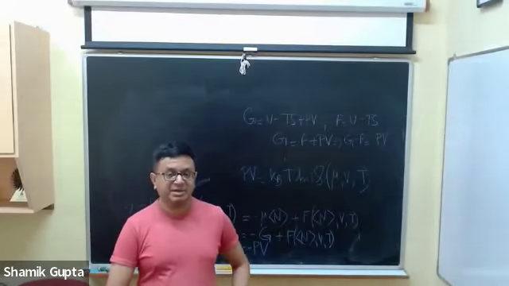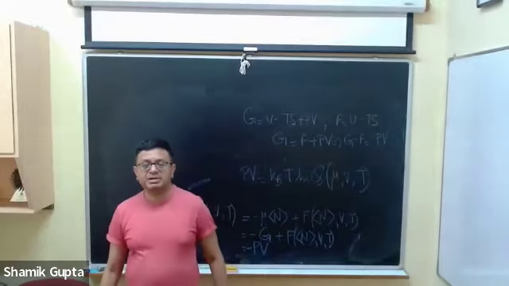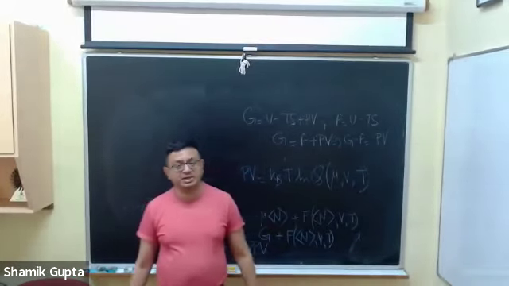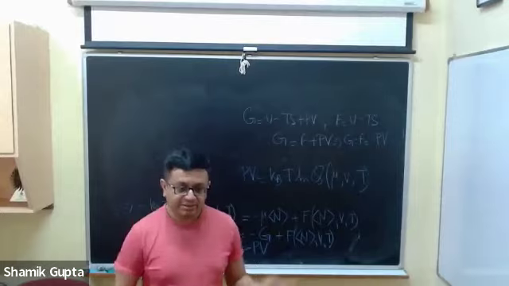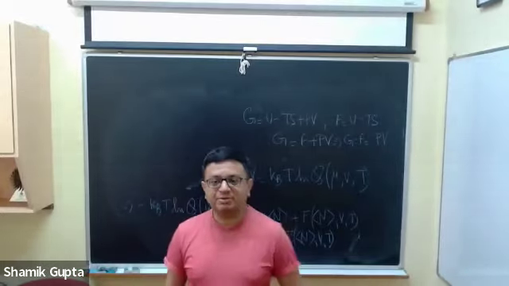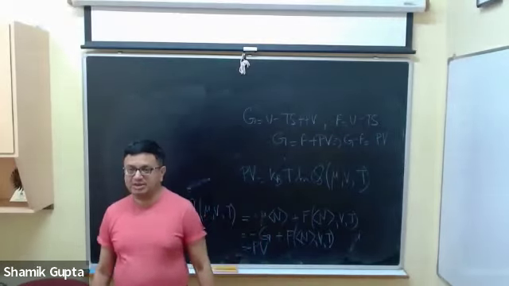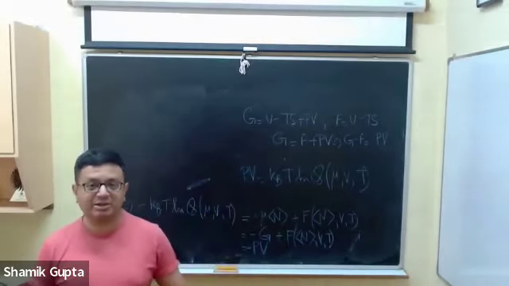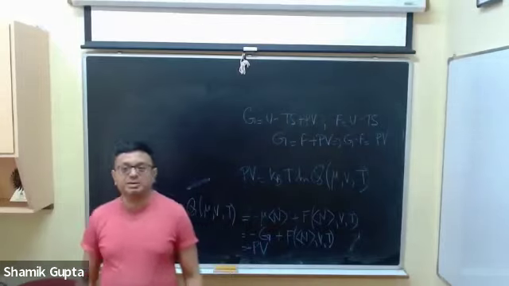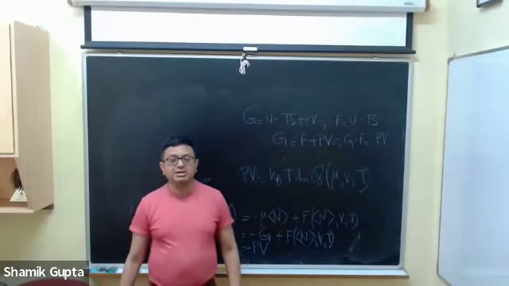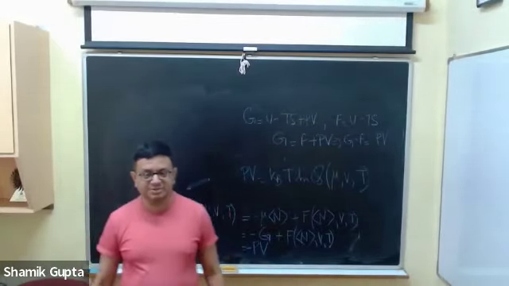When I took the log of it and multiplied it by kB, I got the entropy. Similarly, in the canonical ensemble, the normalization was the canonical partition function. When I took the log of it and multiplied by minus kBT, I got the Helmholtz free energy of the system.